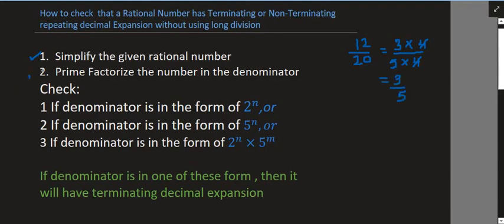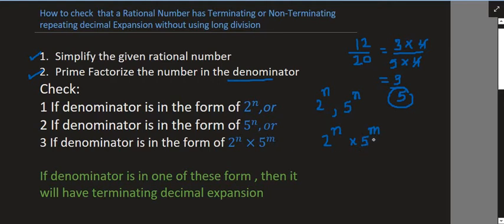Now the second step: after simplifying the given rational number, we have to prime factorize the number in the denominator. It means we have to prime factorize this 5. Then we have to check, after prime factorizing the denominator, if it is in the form of 2 raised to the power n, or 5 raised to the power n, or 2 raised to the power n times 5 raised to the power m.